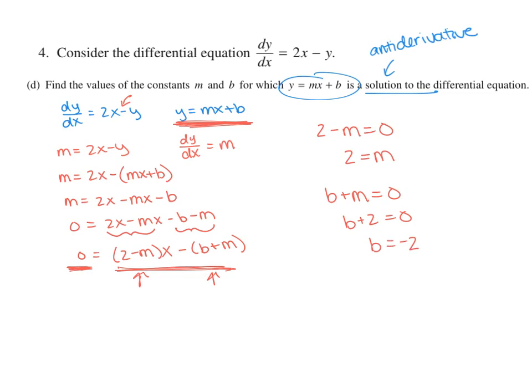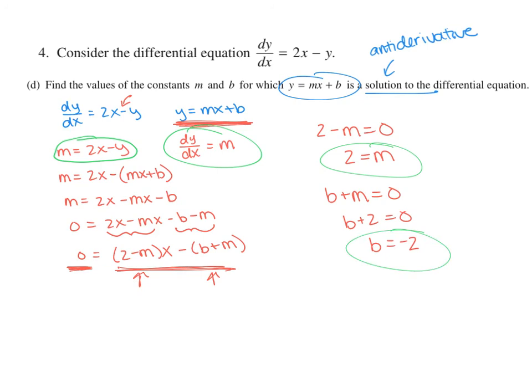So I know that that is a little bit strange. This whole question was worth 3 points. It was worth 1 point to get dy/dx equals m, and 1 point to make this substitution over here, and then the final answer was worth the 3rd point.